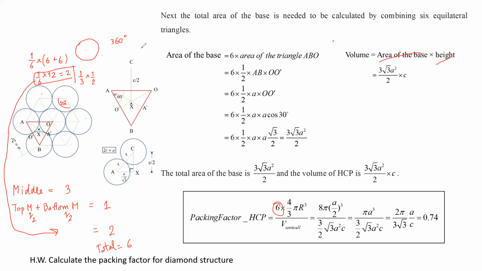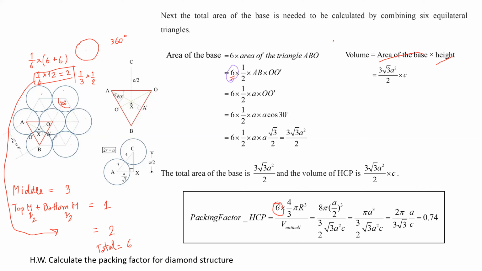So the area of the base is 1/2 multiplied by AB, right? 1/2 multiplied by AB and multiplied by what? The height, O prime, right? Base and height. But you have 6 area.